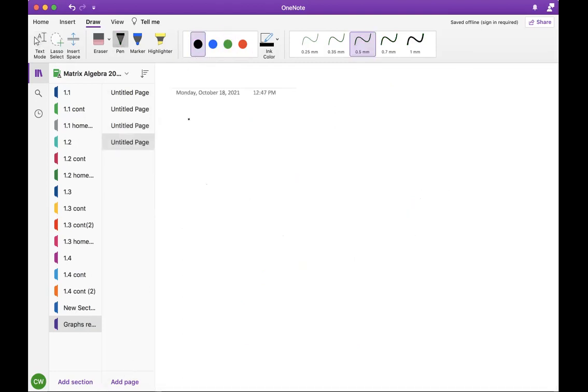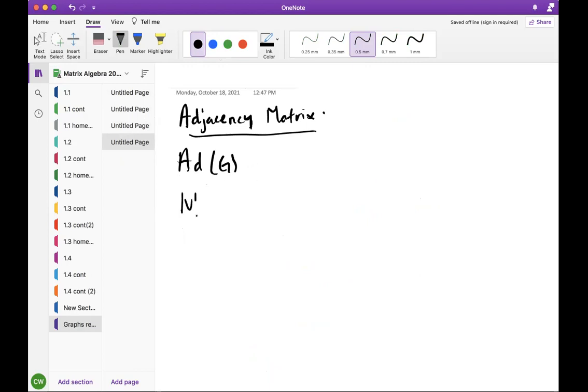So let's talk about the adjacency matrix. The adjacency matrix of a graph is going to be a square matrix with dimensions equal to the number of vertices.